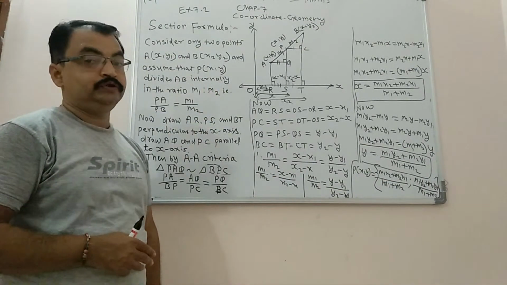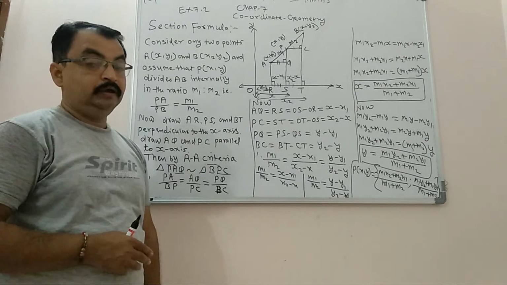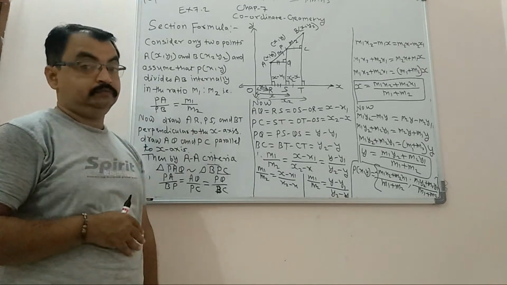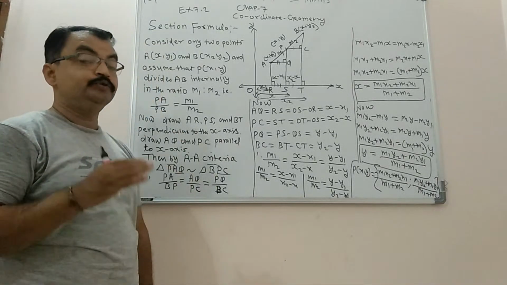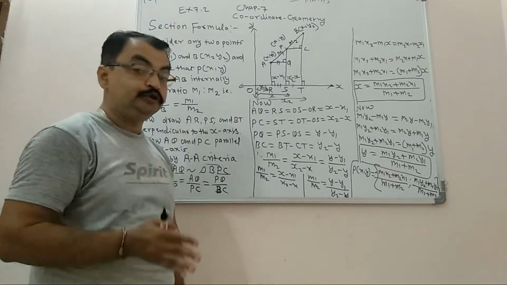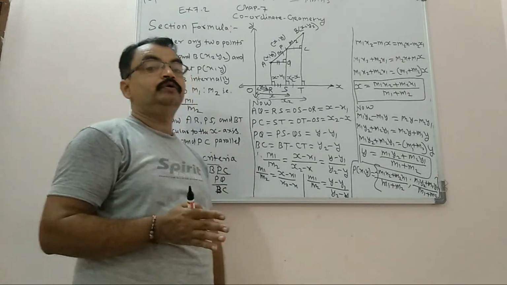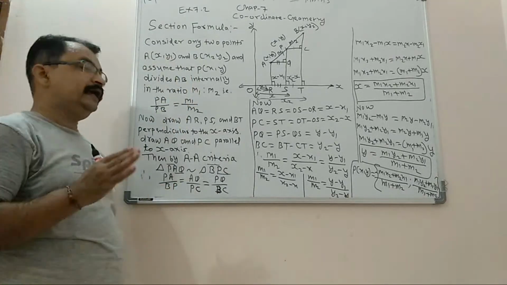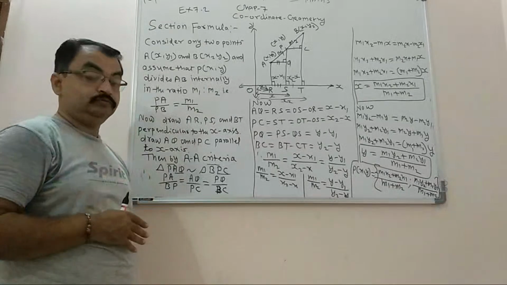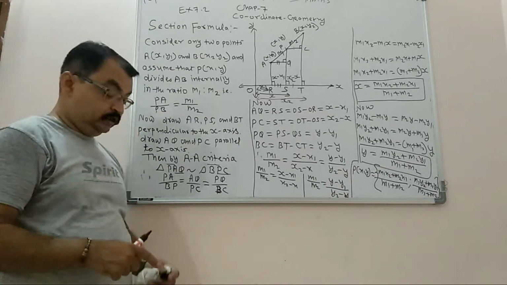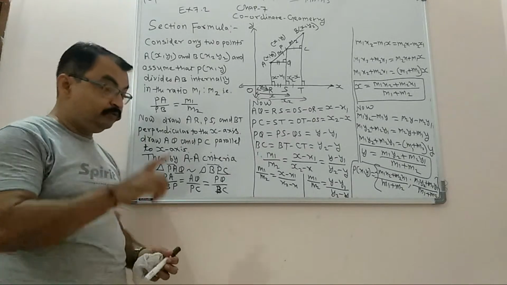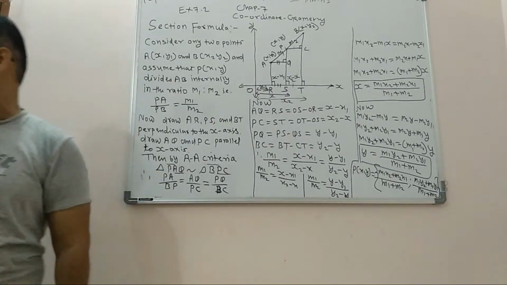But suppose the ratio is not given and you have to find the ratio, then please don't assume the ratio as m1 and m2, you assume the ratio as k raised to 1. So see children, I will give you the modification, two more modifications for this.